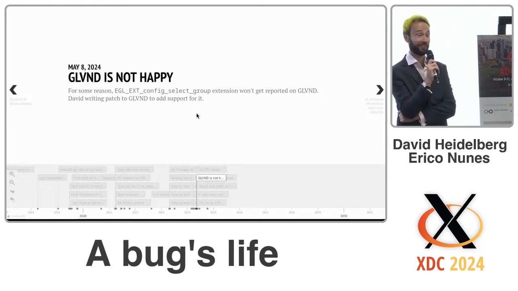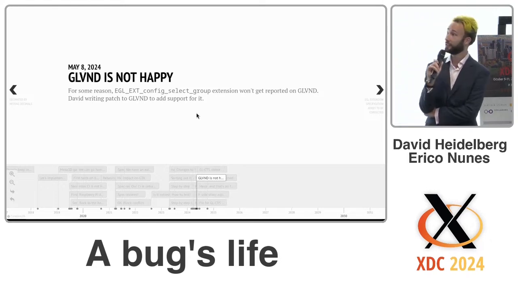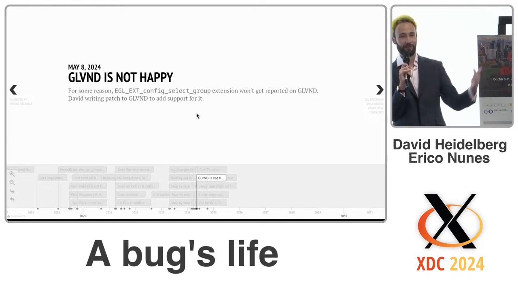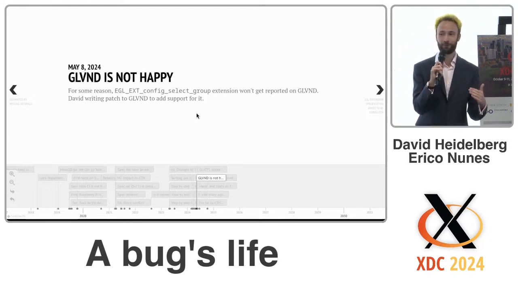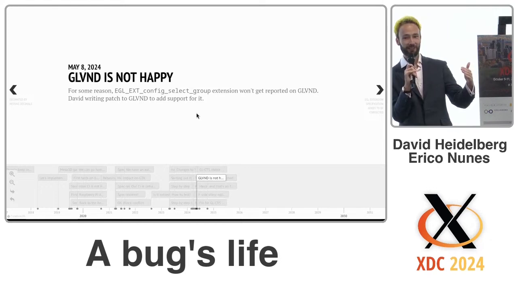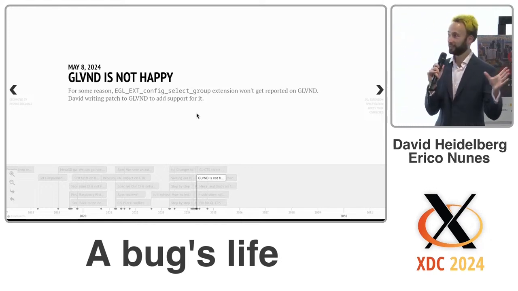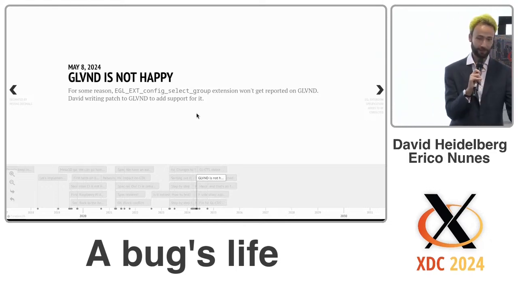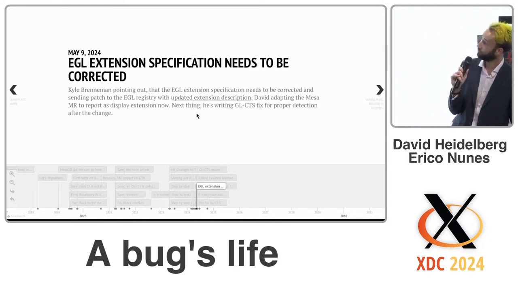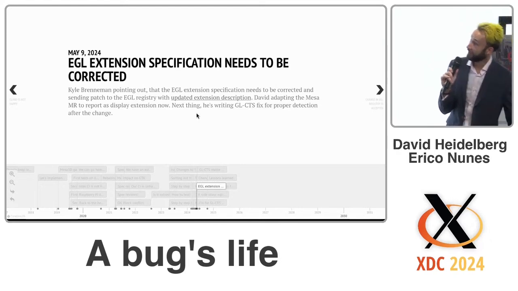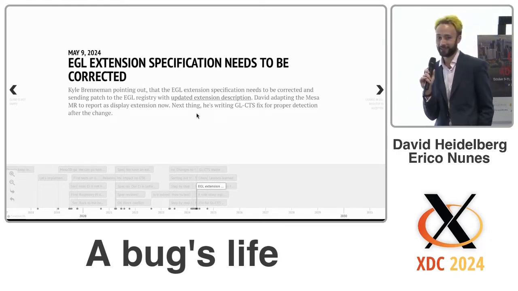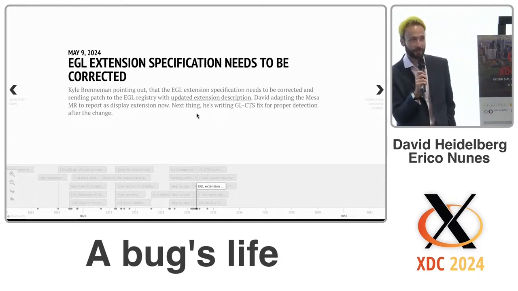So the trick is the GLVND itself. It was a client extension, and when you ask GLVND, it will proxy the extension list. And the extension, of course, was not in the GLVND list, so it just dropped the extension. So, you know, that's easy, right? You go to GLVND and you add an extension. But Kyle Brenneman pointed out the EGL specification needs to be corrected.